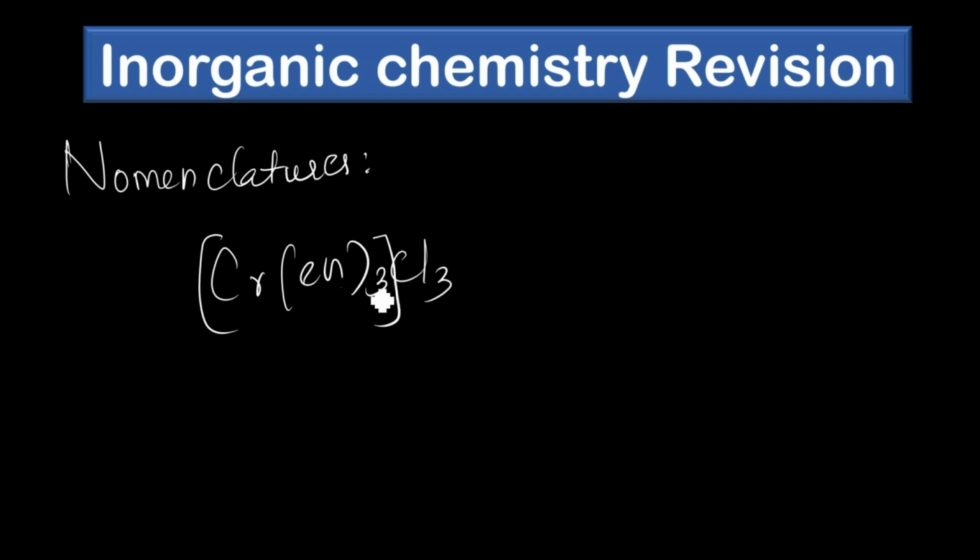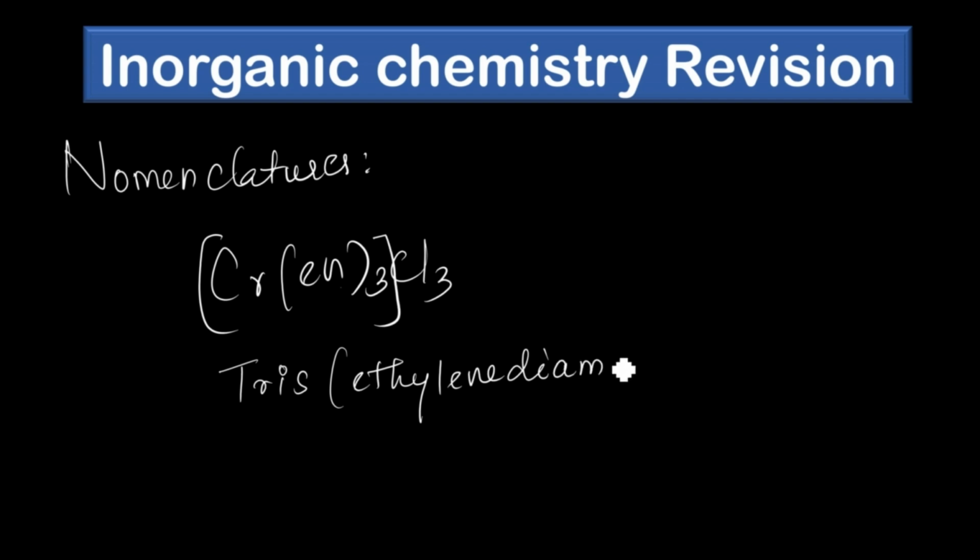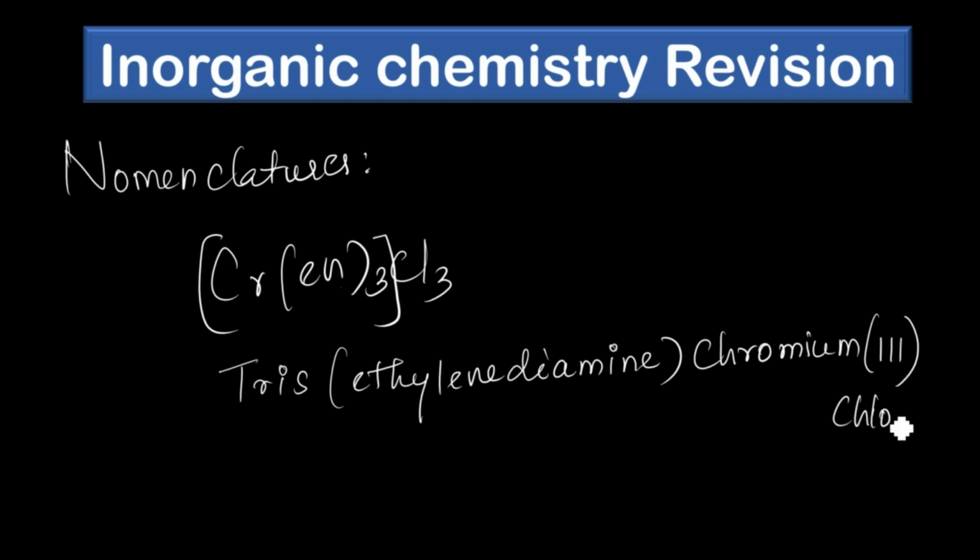Three ethylenediamine is there, so tris(ethylenediamine). Chromium, the oxidation state is 3, which must be written in Roman numerals. Then chloride. You said negative ligands must be named with an O sound, but this chlorine is outside the sphere, so we can just name it as such, chloride.